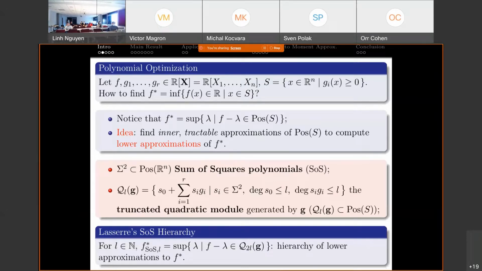And so we can define the Lasserre sum of squares hierarchy. For an integer L, we define f star at level L as the supremum of lambda such that f minus lambda is in the truncated quadratic module at level L. And this defines a hierarchy of lower approximations of f star.